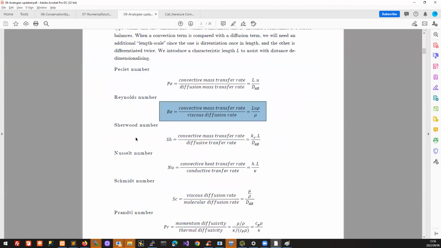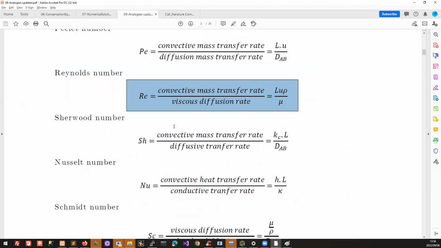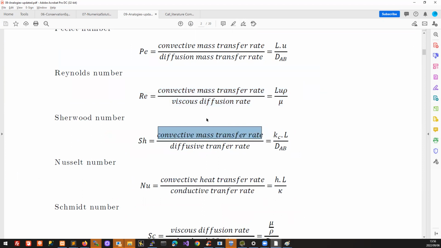The Sherwood number, that's the competition again of the, well, this is a competition of the mass transfer and the diffusion rate. So mass transfer, remember, this comes from a simplification of diffusion itself. That's an approximation.